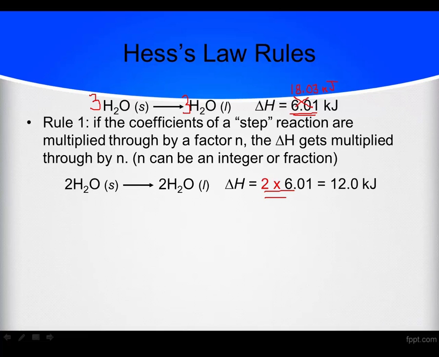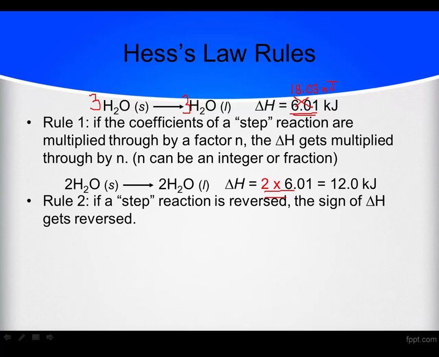Yeah, that's balancing equations. Right. So the other rule is that if one of my steps is reversed, if I need to flip it around so the products are the reactants and the reactants are the products, the delta H has to get reversed also. Like a negative? Right. So instead of being positive, it would be negative.